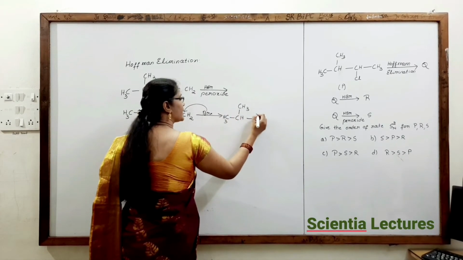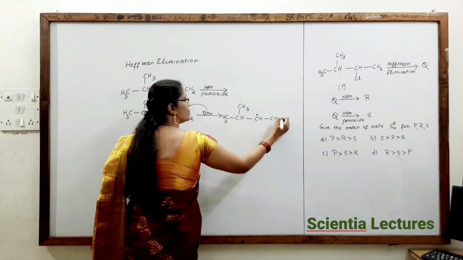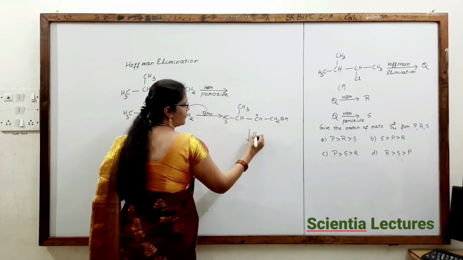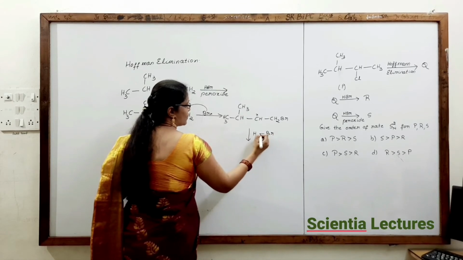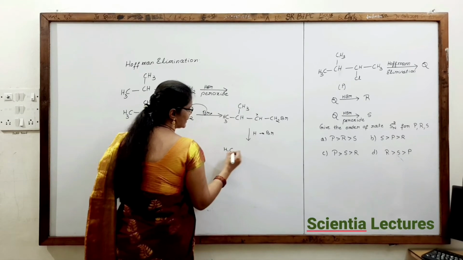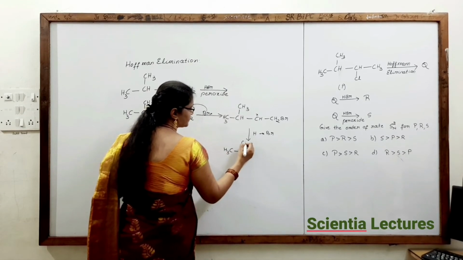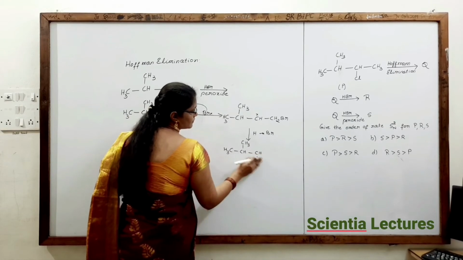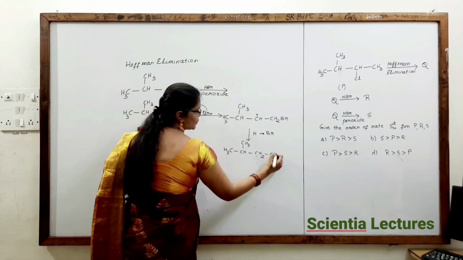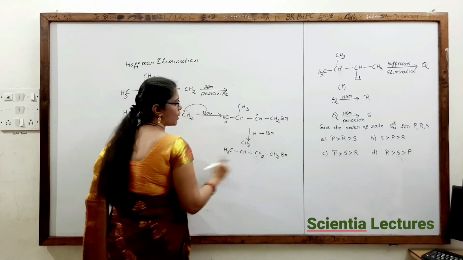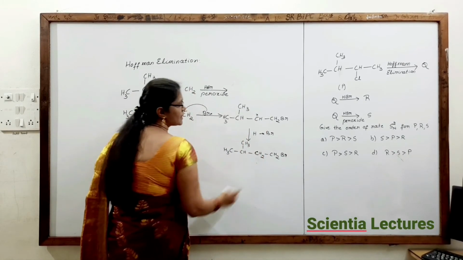Now this secondary free radical produced will try to abstract hydrogen from HBr. So once again, when it abstracts this hydrogen, we get this as the product, CH2Br, because it has abstracted hydrogen to this carbon, so this carbon becomes CH2.